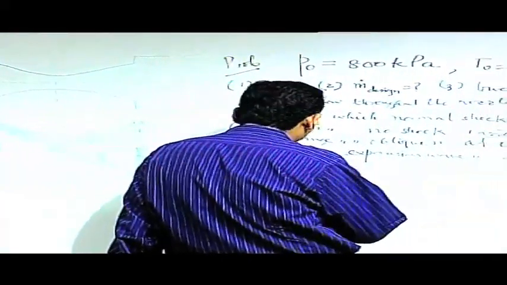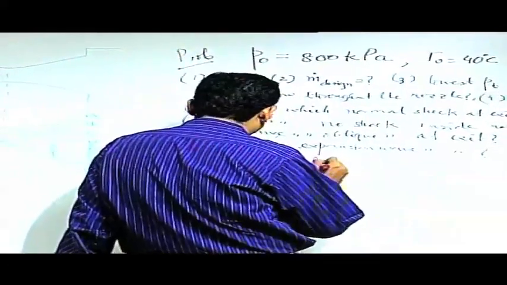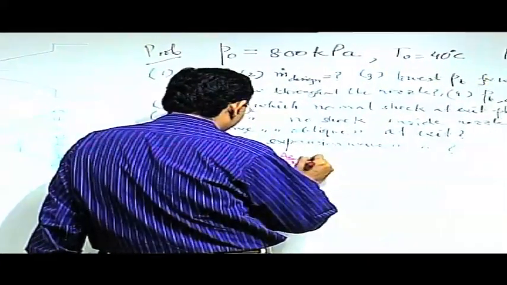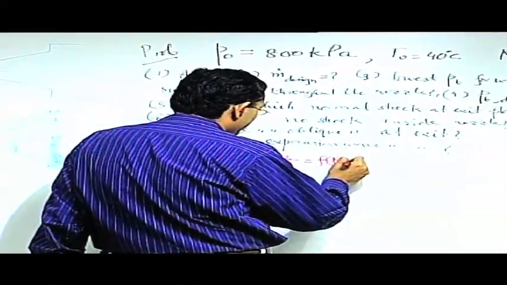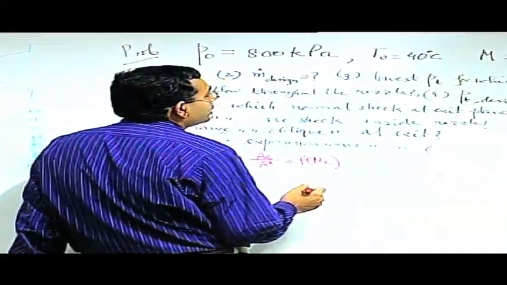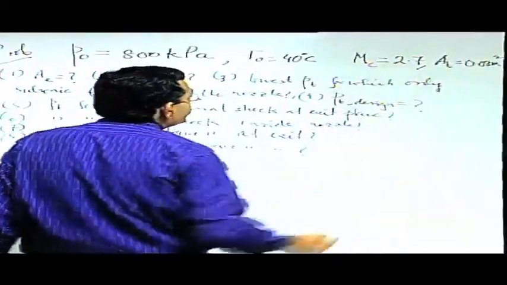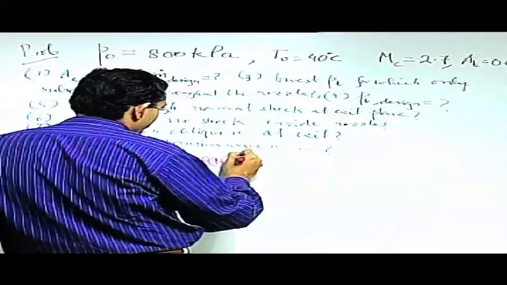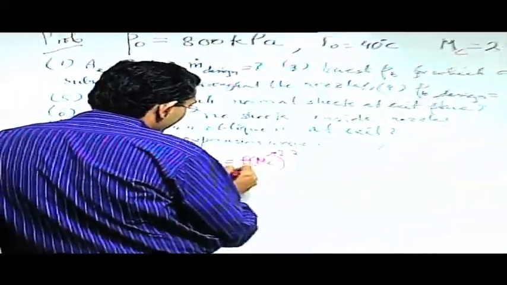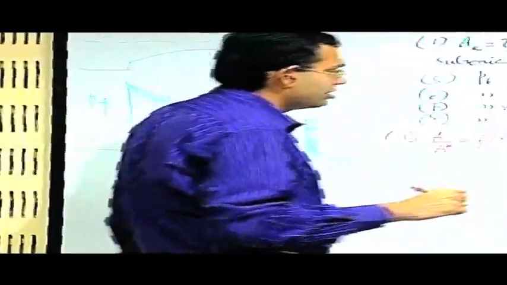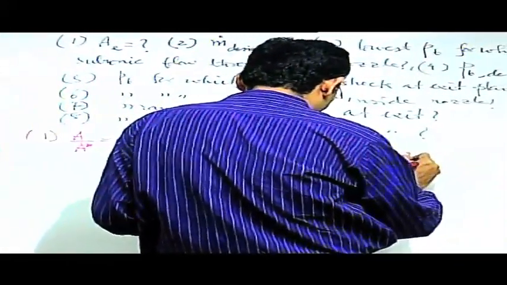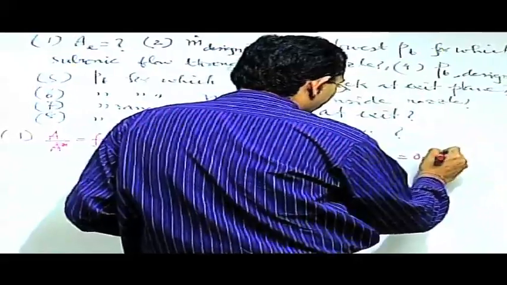So, based on that we can find out what is AE, because the Mach number at the exit is given, which is 2.7. A star is nothing but area of the throat, because the sonic condition is reached at the throat. So, from here we can get the value of AE, which is 0.255 meter square for this problem.